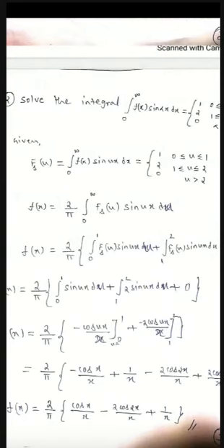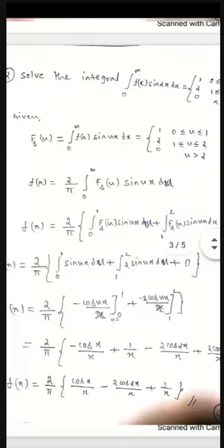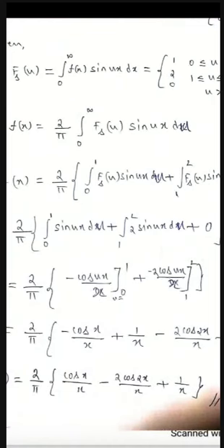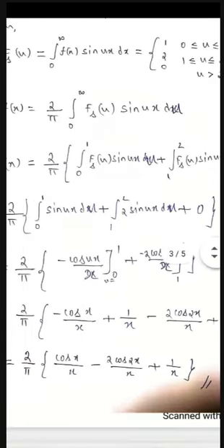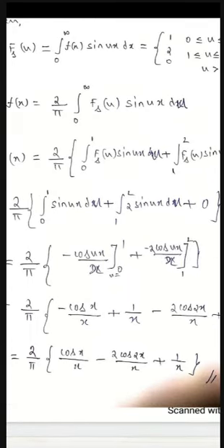So what is the integration of sin ux du? That is minus cos ux by x, u from 0 to 1, minus 2 cos ux by x. Here you are integrating with respect to u, so x is constant and comes to the denominator. The second term also is minus 2 cos ux by x, with the limit from 1 to 2. Now apply the limits. In place of u only you have to substitute, because you are integrating with respect to u, not with respect to x.